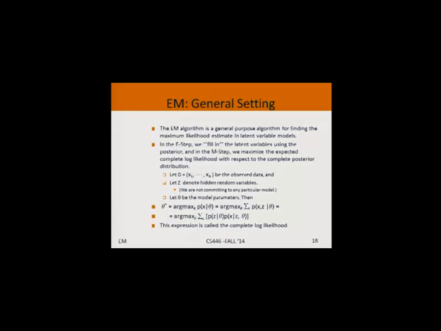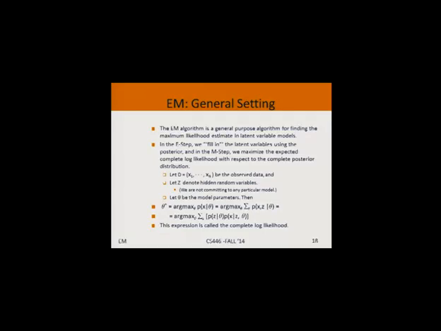In the E step, we're going to fill in the latent variables, just like we did with the P1Is, right? So we guessed what the parameters are, and we use them to complete the labels. The P1Is were our fractional labels. And once we did this, in the M step, we maximize the expected log likelihood with respect to the posterior distribution. So let's just do it now in a general way and see what happens.